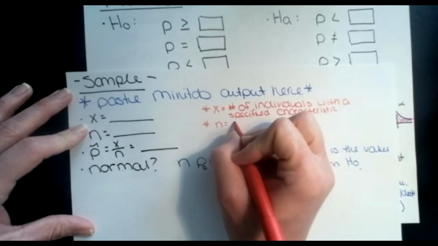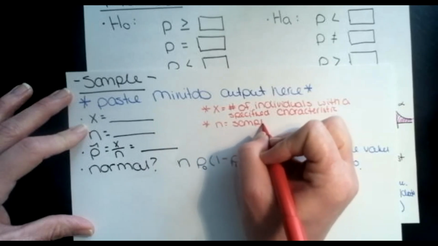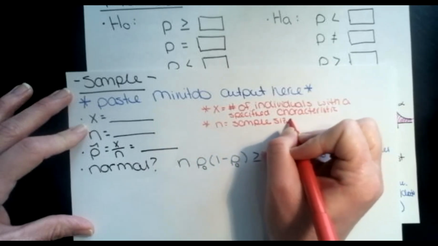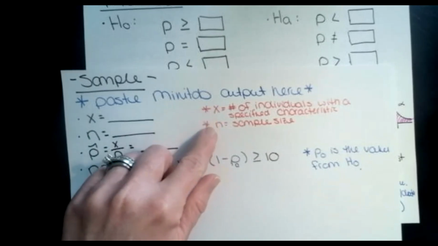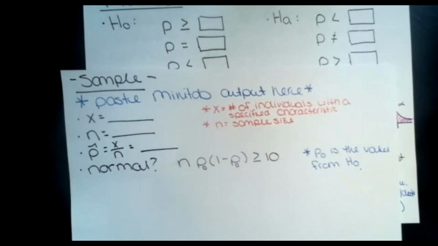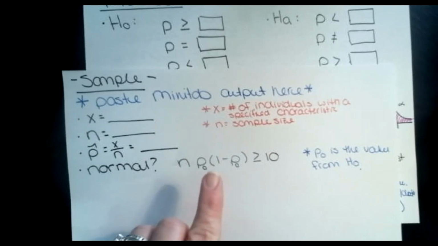And N is my sample size. These are the same as before, like last class. I like to kind of mention it again in case someone forgot or they missed that, or didn't pick that up from last class.